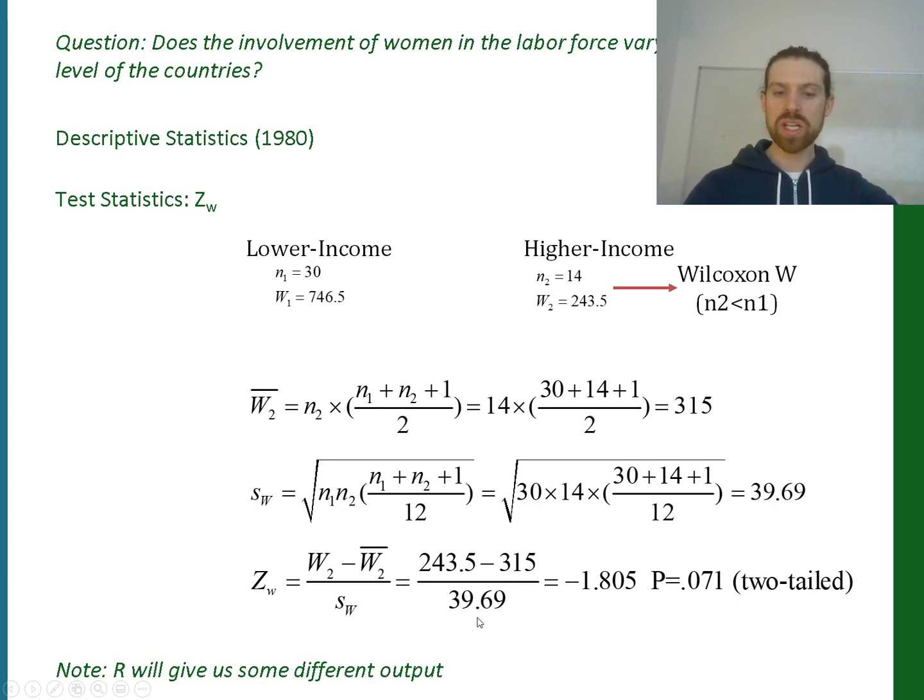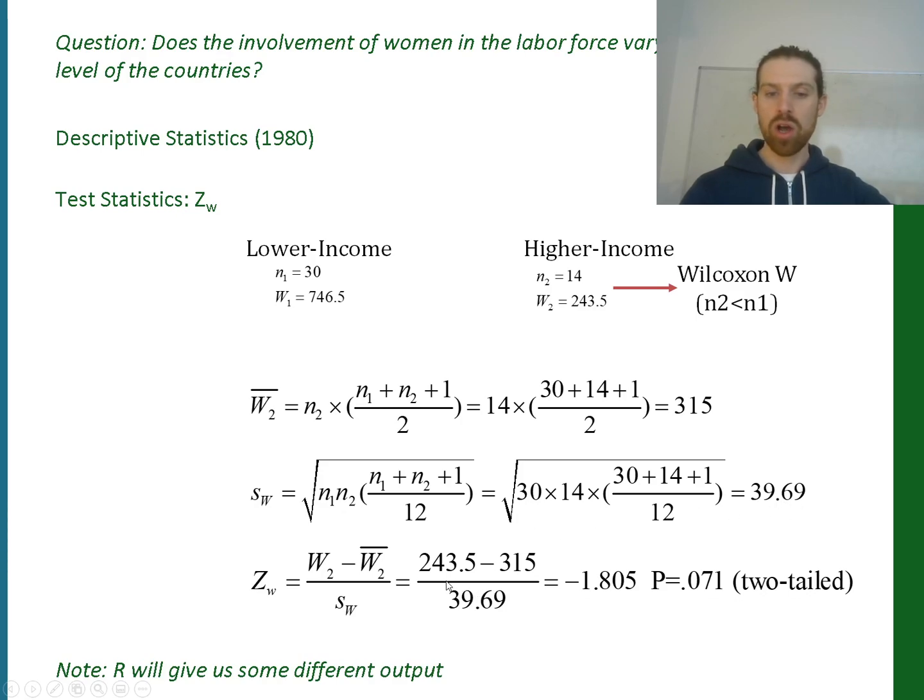Finally, we need to obtain the denominator, which is the SW value. You need to work through this equation here. It looks more scary than it is because it's just reiterating the previous slide's equation, but this time we're inputting all of those values, and we get 39.69.